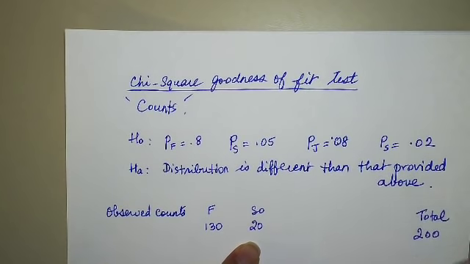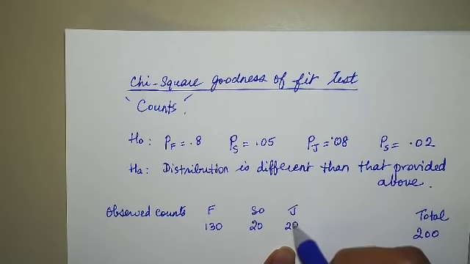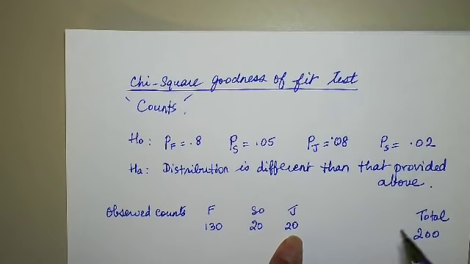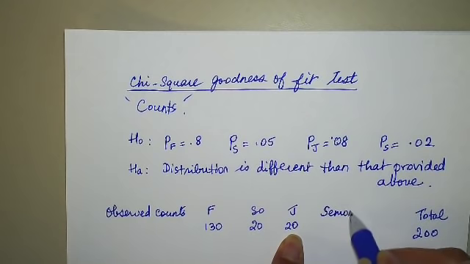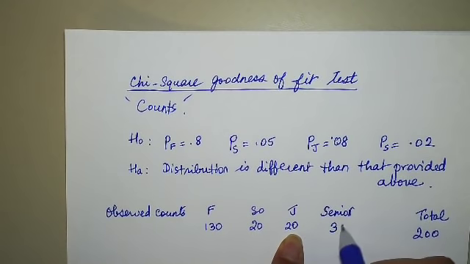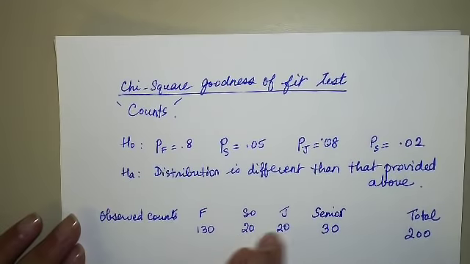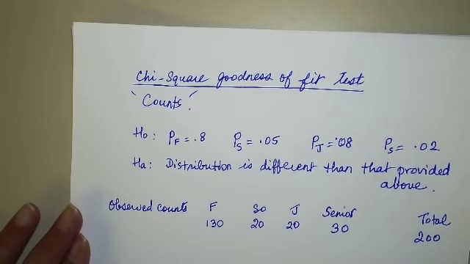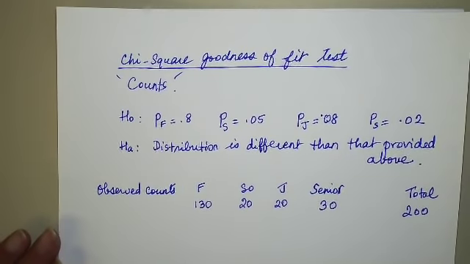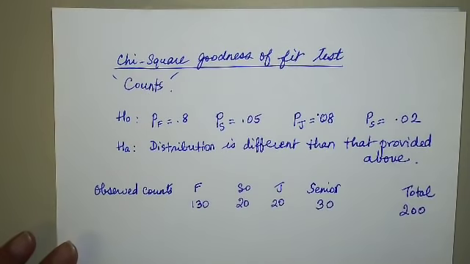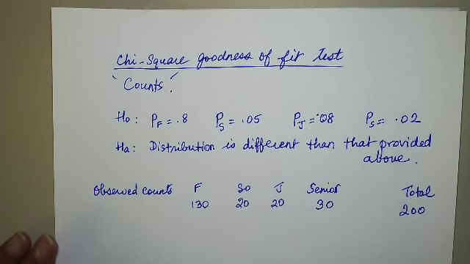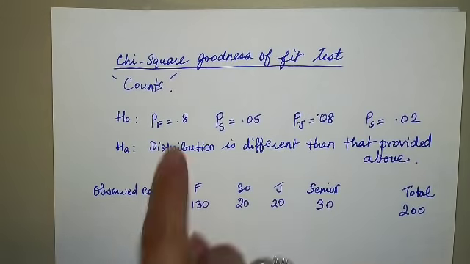So let's say that there are a total of 200 people in our class, and the freshman count is 130, the sophomore count is 20, the juniors are another 20, and the seniors are 30.